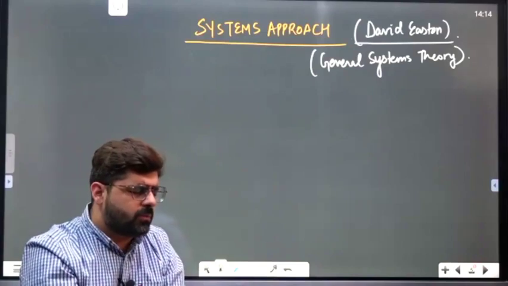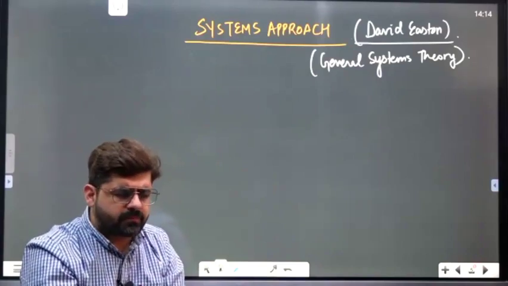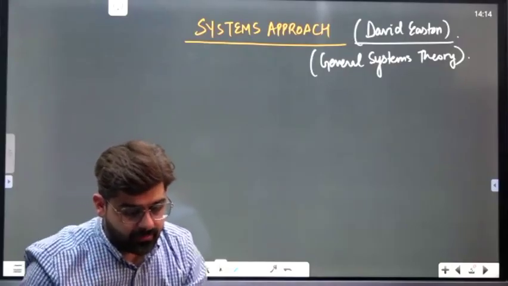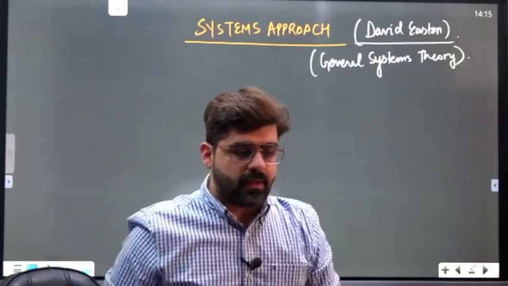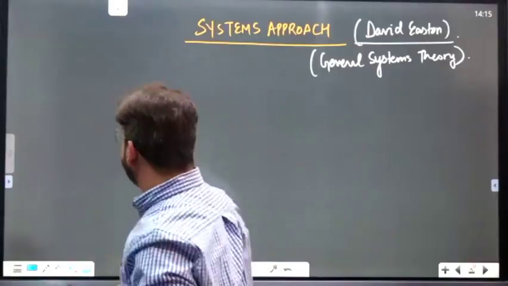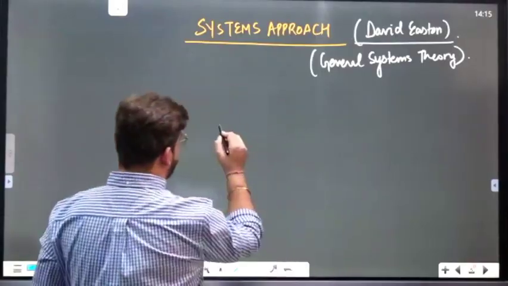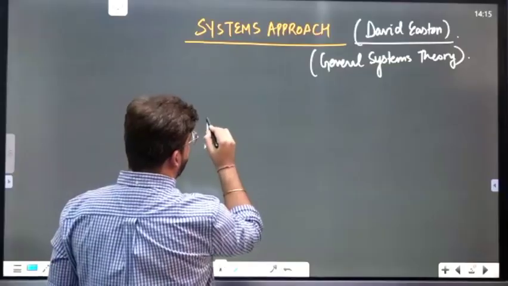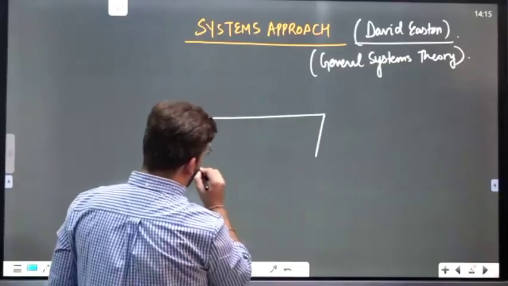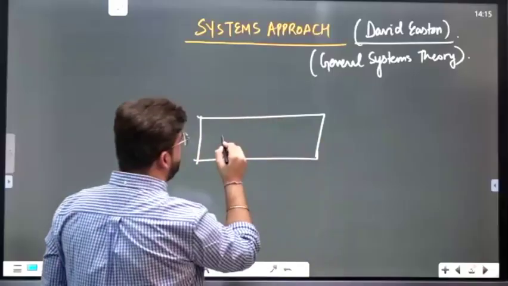So a system is coming, a definition is coming, a concept is coming, whereby I am going to say that there is something called a system, and I'll be calling this system a political system.